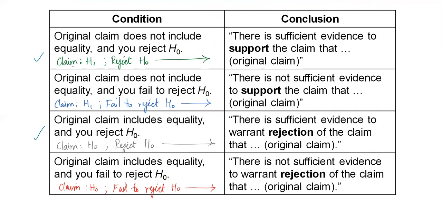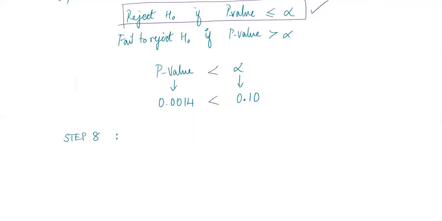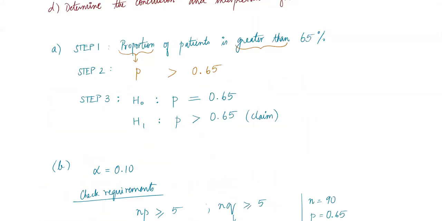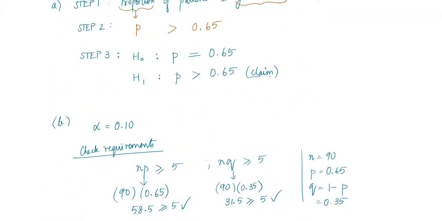For that, I need to go to H1 to see where my claim sits. If my claim is in H1, I will use the first row. If my claim is in H0, then I'll use the third row. So let's check where our claim sits. We said claim sits in H1, not H0. So claim is in H1.